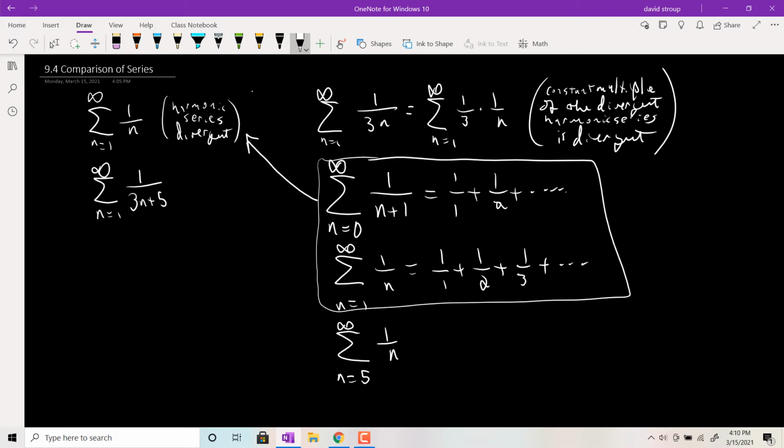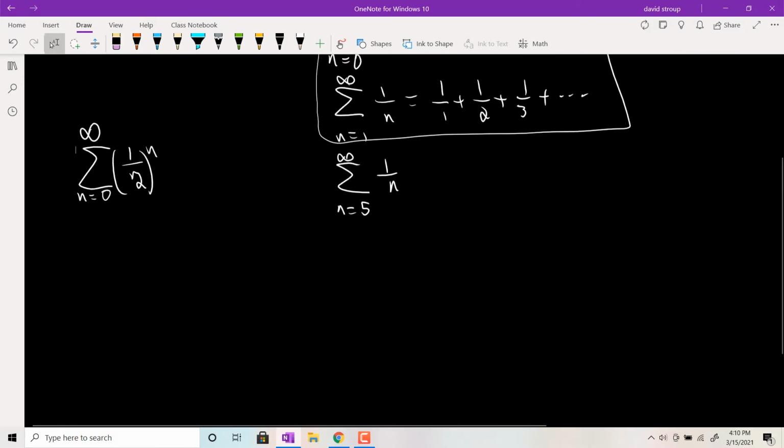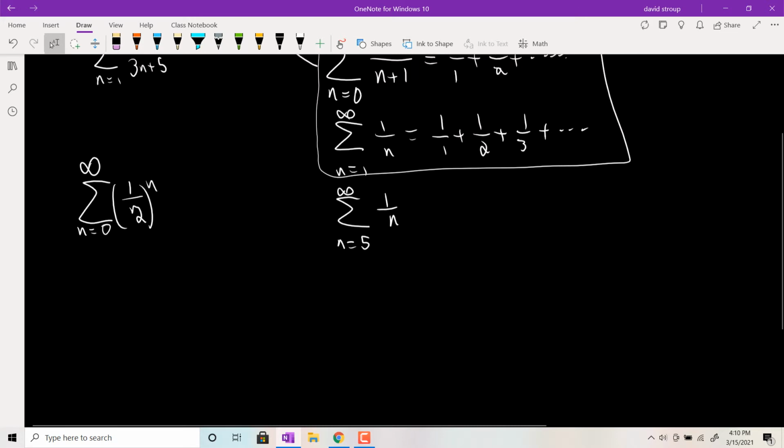Likewise, if it was already convergent, so if you're talking about like 1/2 to the n, which is a convergent geometric series, we usually start at 0. Is that true? I think we usually start at 0. If you started this thing instead at n equals 5, it's still going to be convergent. Okay, so adding in or subtracting a couple terms will not affect the behavior.